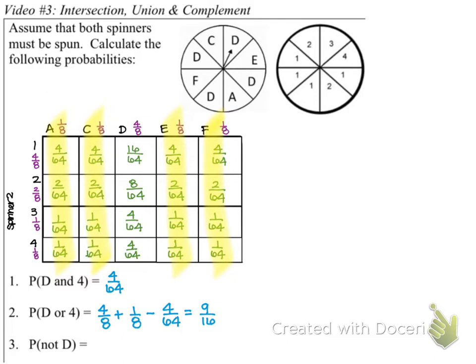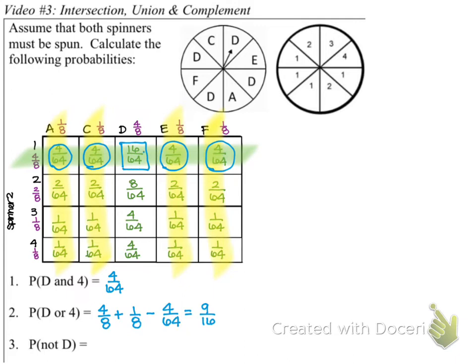The other thing that we could look at is, well, what about the rows? Take a look at row 1. Notice that the 4 over 64, the 4 over 64, the 4 over 64, and the 4 over 64 were already counted in the yellow, so we don't want to double count them. The only one that we would be counting new is the 16 over 64.